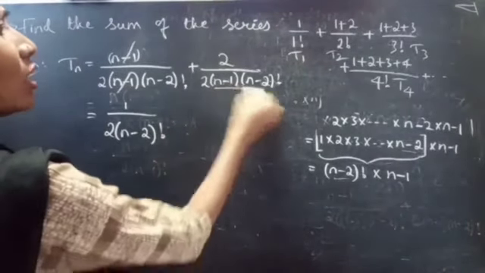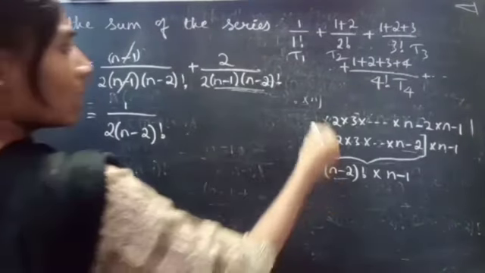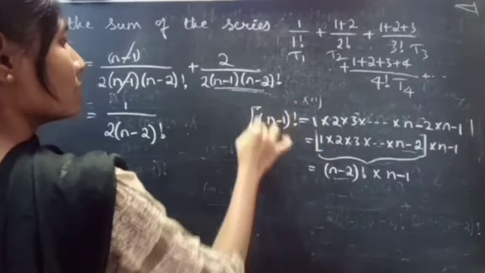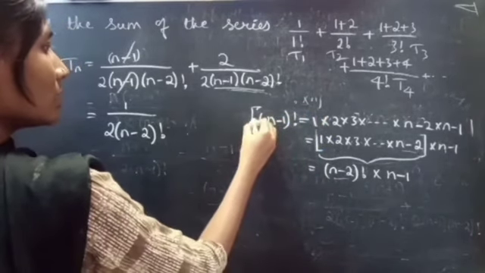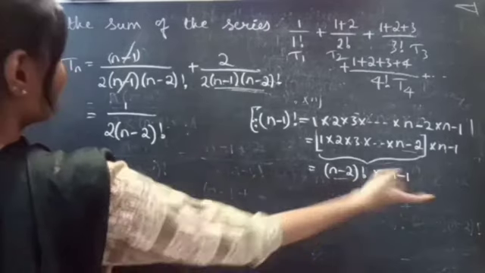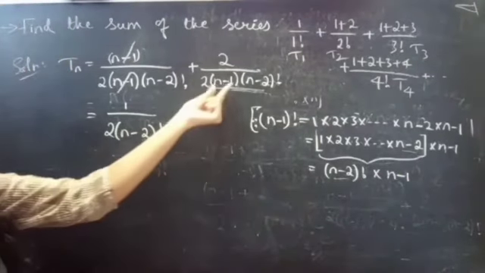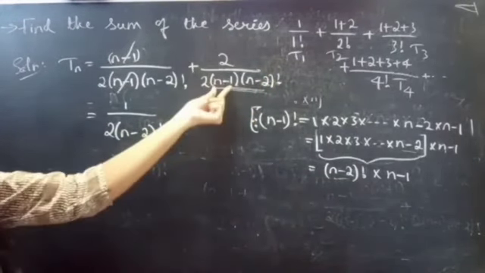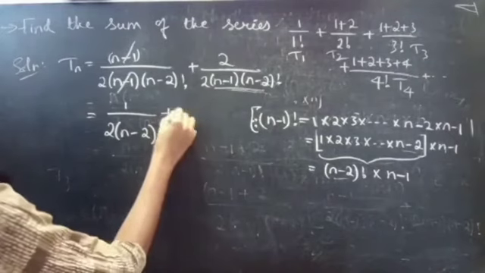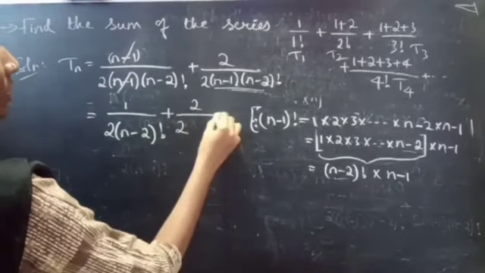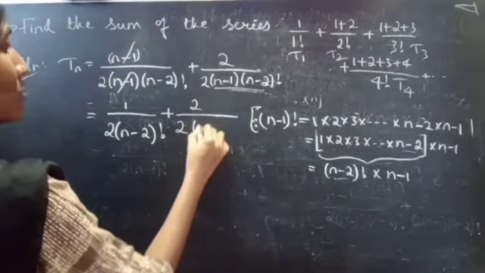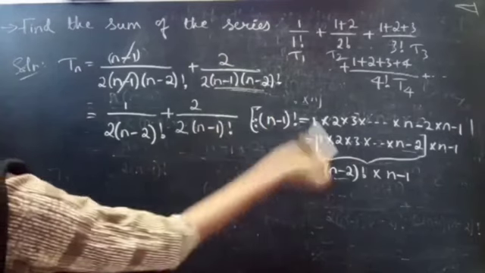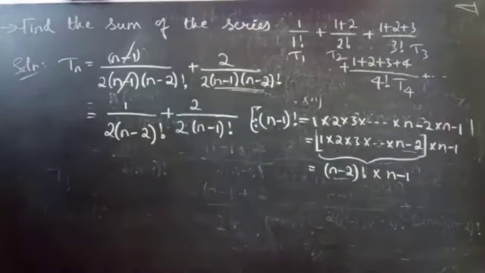So we're just going to change it again to n minus 1 factorial, since (n minus 1) into (n minus 2) factorial is n minus 1 factorial.